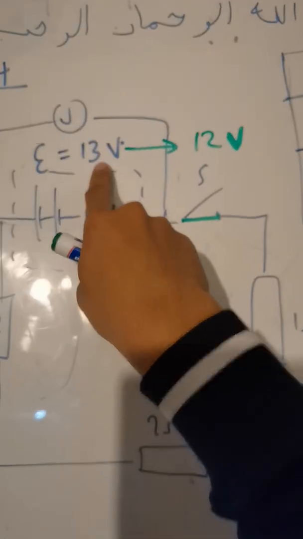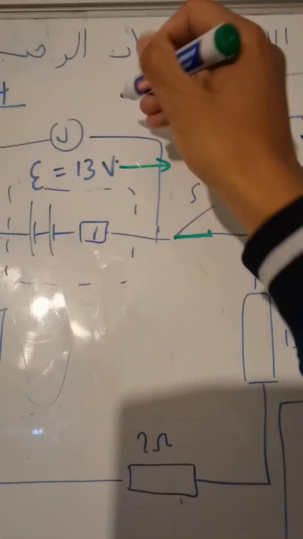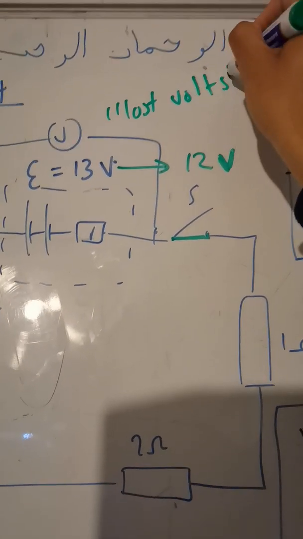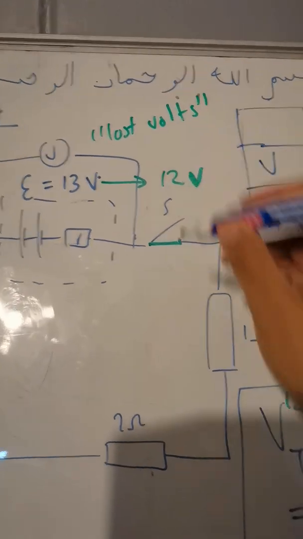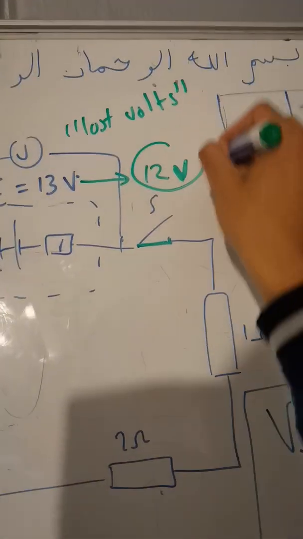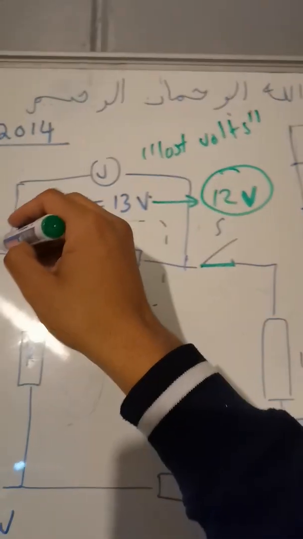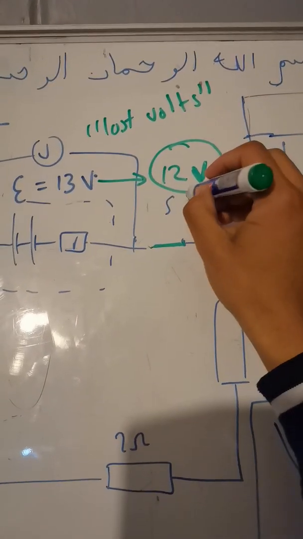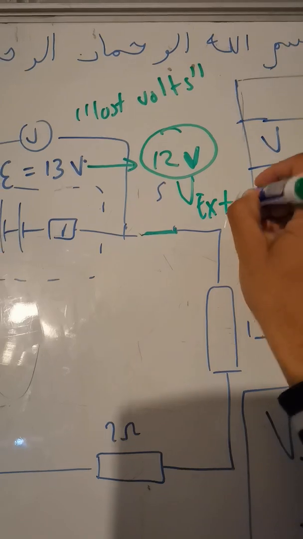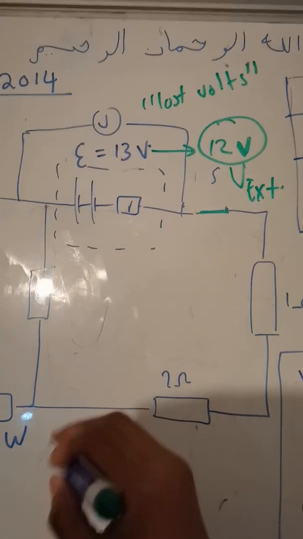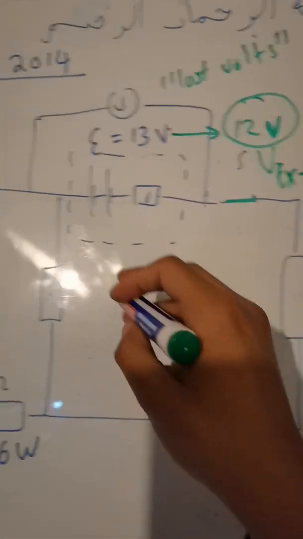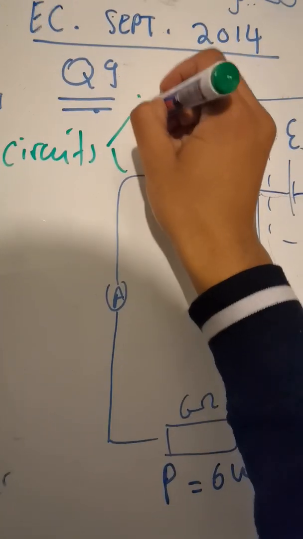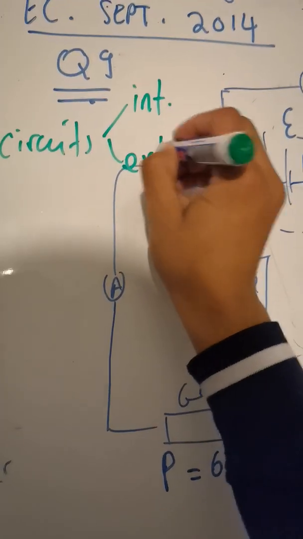So if you go from 13 volts to 12 volts, how many volts was lost? That's why sometimes in physics they call it lost volts. So this 12 volts is the reading on the voltmeter if the switch is closed. And that 12 volts reads the voltage going to the external circuit. Remember, in physics there is an internal circuit and an external circuit.